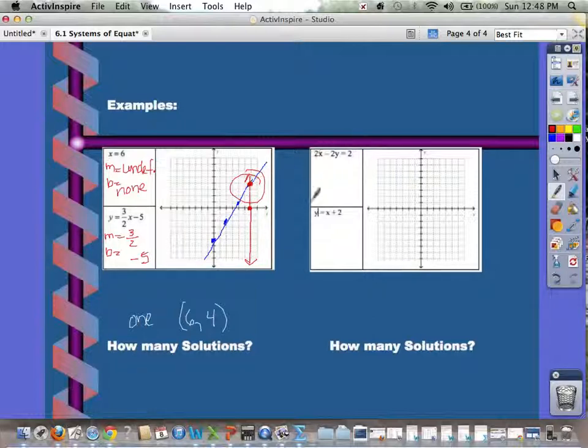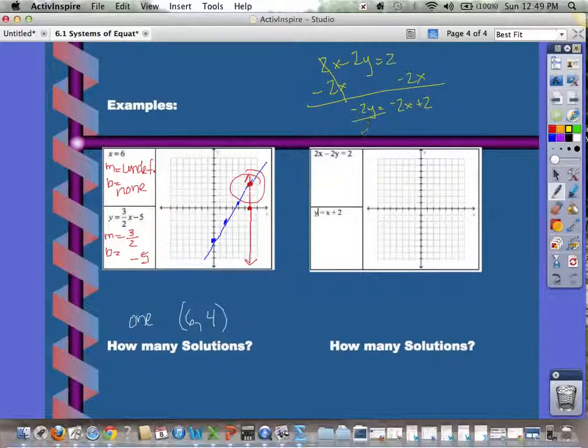All right. Looking at this problem, it is not solved for y, so we're going to go up here and work on that problem first. It says 2x minus 2y equals 2. Remember, when we're solving for y, x has to go first because it's alphabetical. Mark through. That leaves me with negative 2y equals negative 2x plus 2. X got to go in the front on this side.